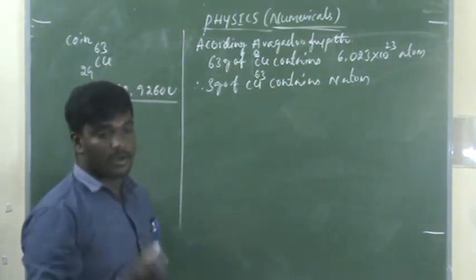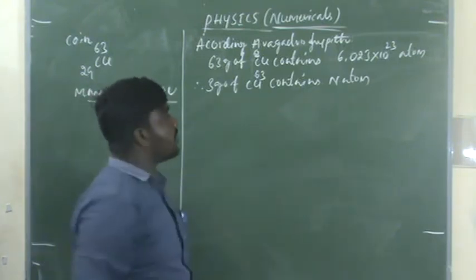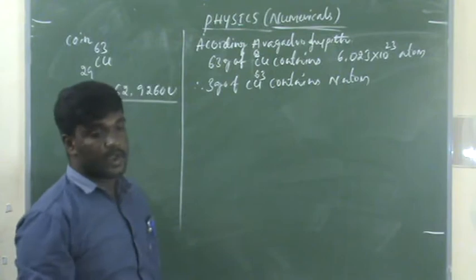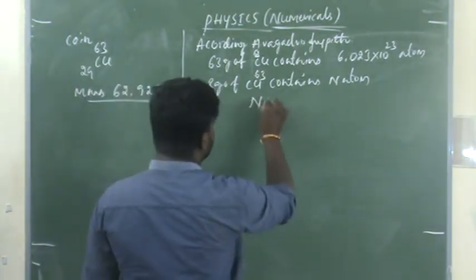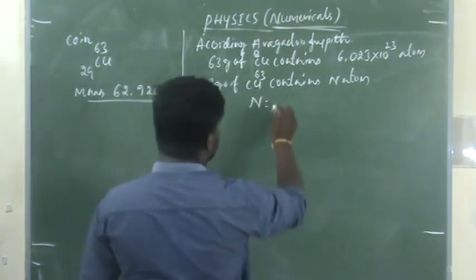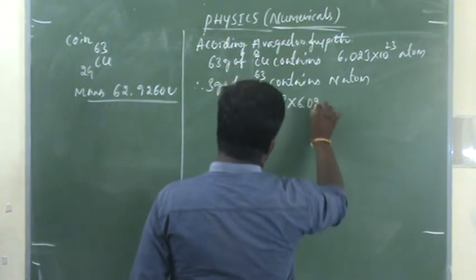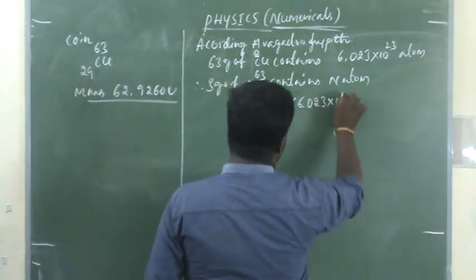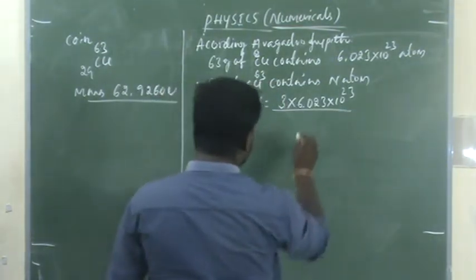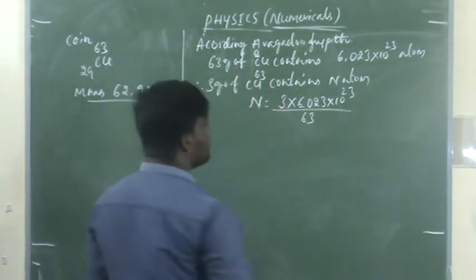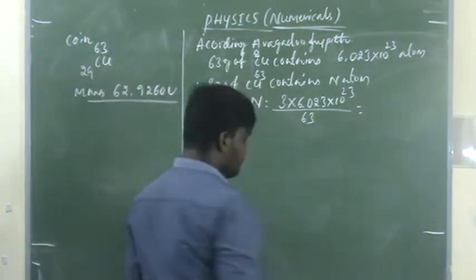The coin weight is 3 grams, so 3 grams of copper contains n number of atoms. n is equal to 3 grams into 6.023 into 10 to the power of 23 divided by 63.